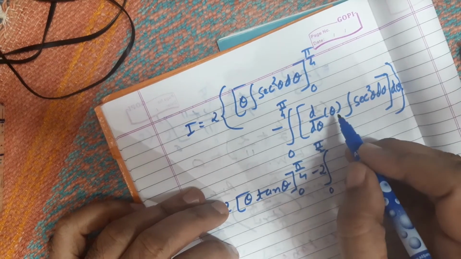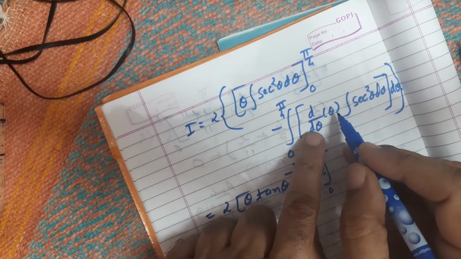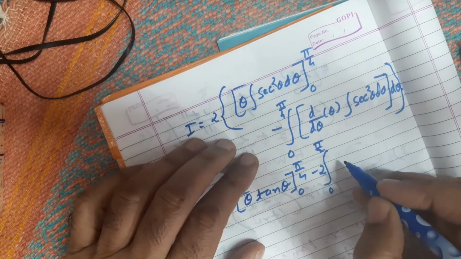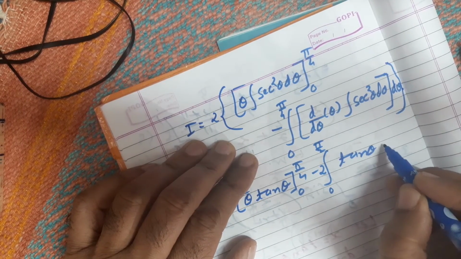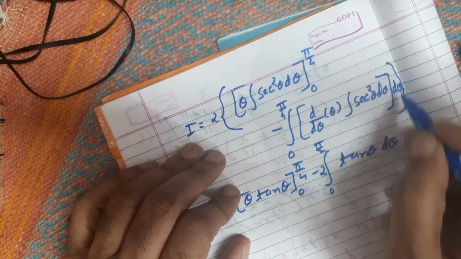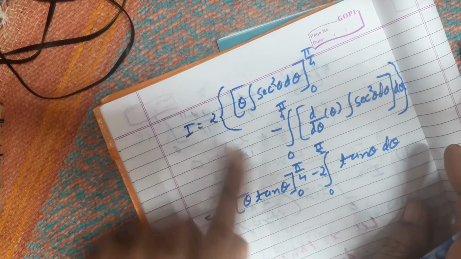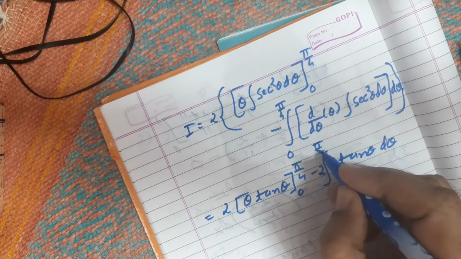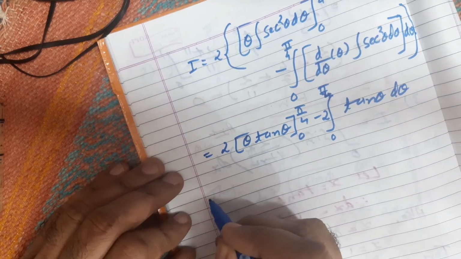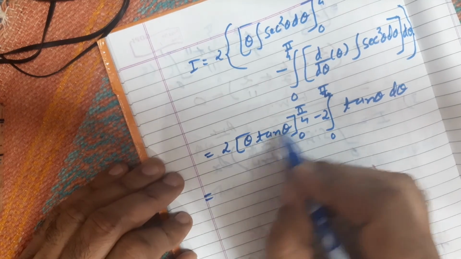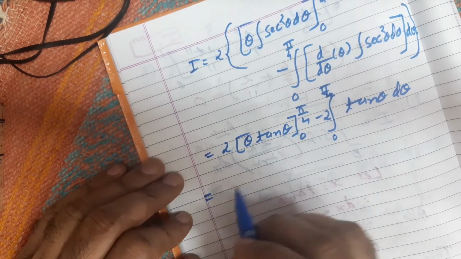Now d by d theta of theta is 1. So this is 1. Integral of sec square theta is tan theta. So just tan theta will be there, and d theta is also there. Now the curly bracket is also gone because 2 मैंने यहाँ पे भी ले लिया, 0 to pi by 4. ठीक है friends? Right. Now in this you can apply the limits, upper limit, lower limit.